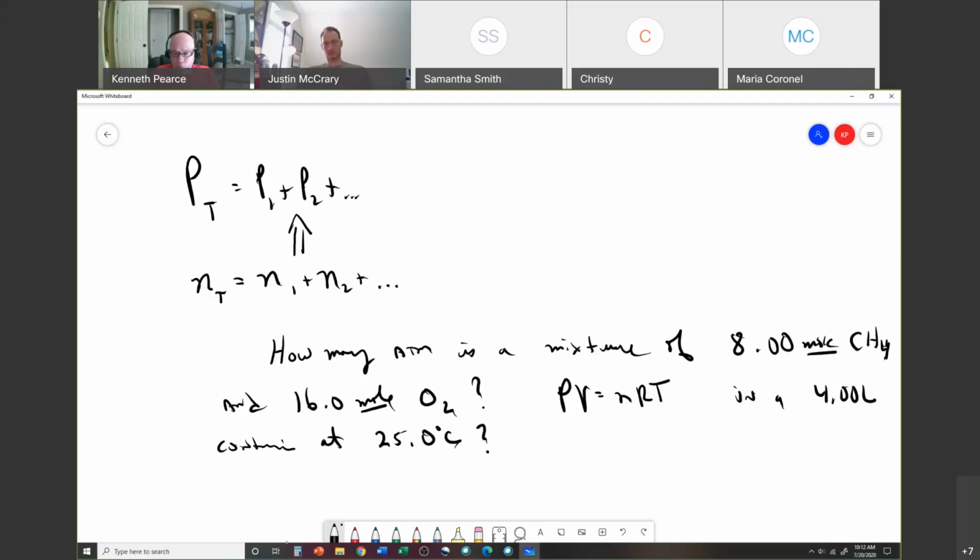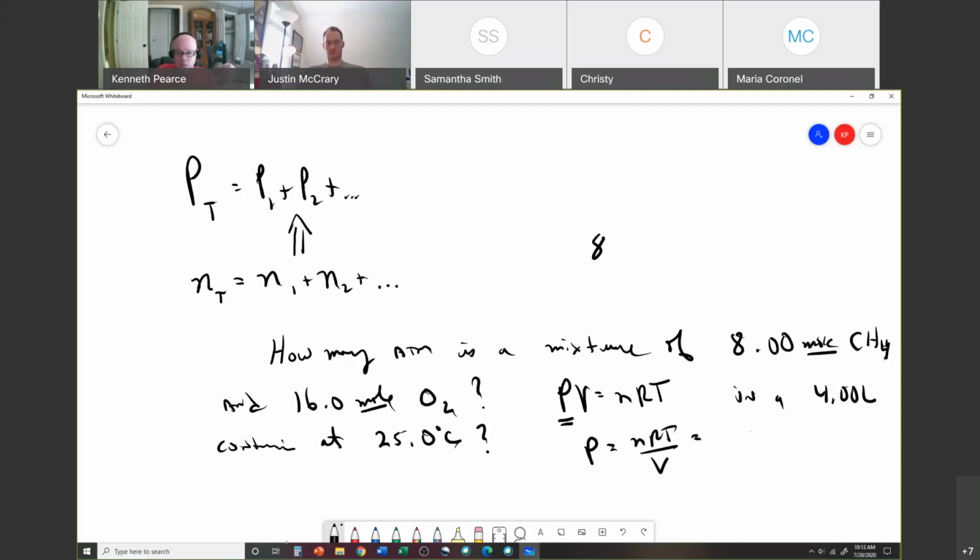Okay, so what are we looking for? We're looking for the pressure. And so we say P equals nRT over volume. How many moles do we have? Now here's the thing. You only need the total number of moles. You don't need anything else. And so what is the total number of moles?